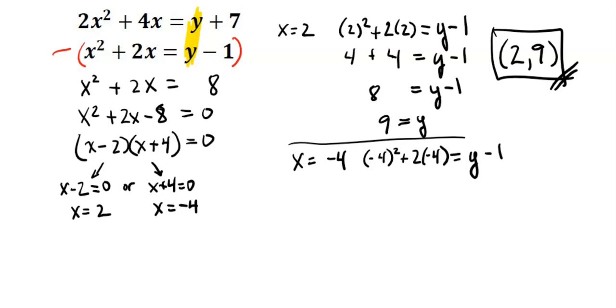A negative times a negative is positive, so negative 4 times negative 4 is 16. 2 times negative 4 is negative 8, so that's 16 minus 8 is equal to y minus 1. 16 minus 8 is 8, which is equal to y minus 1, and then adding 1 to both sides, once again, we get y equals 9. So the other solution is at negative 4, 9.